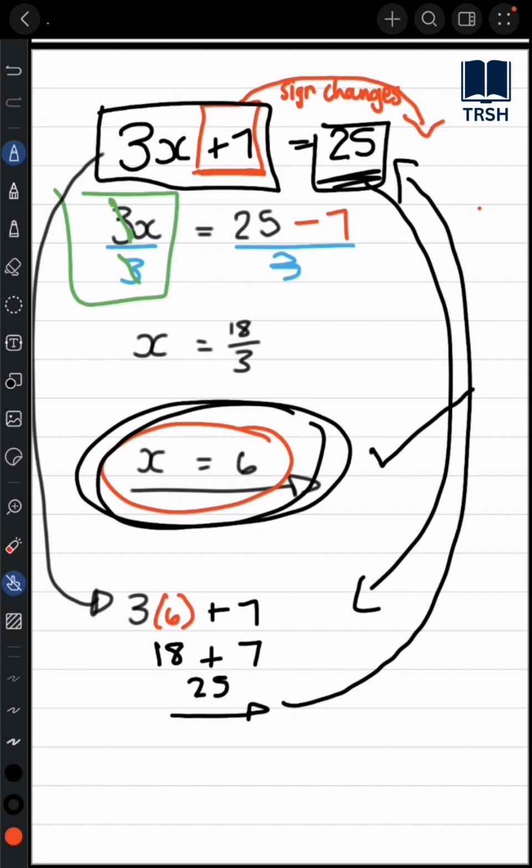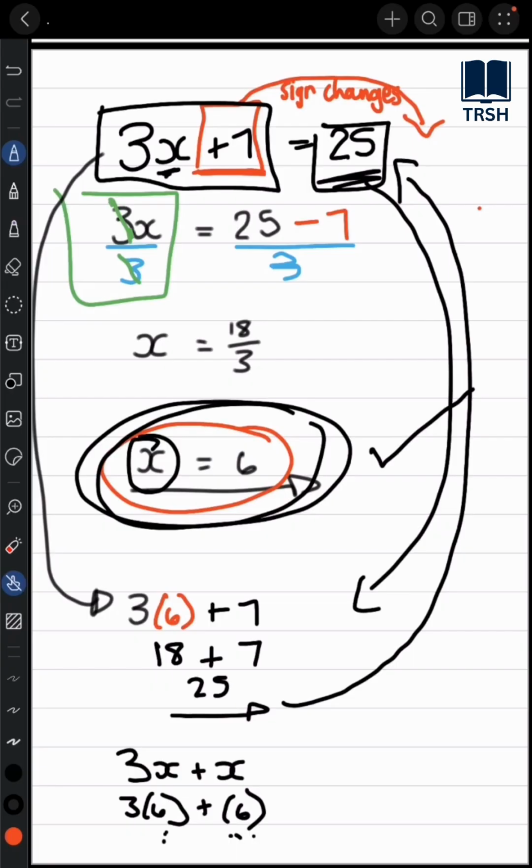Did the number that you got for x actually work, by just taking that value and substituting where you see x. So if it was a case where we had, for example, 3x plus x, then this would have been 3 times 6 plus 6, because we would substitute 6 twice on both x values.